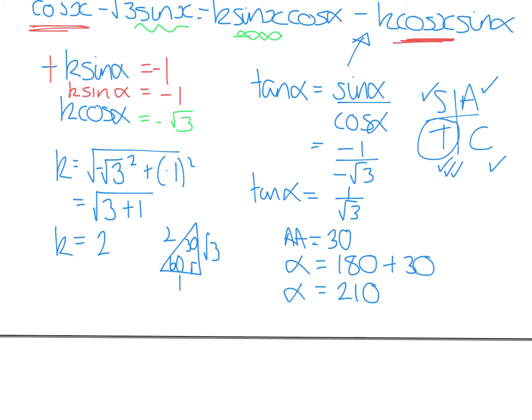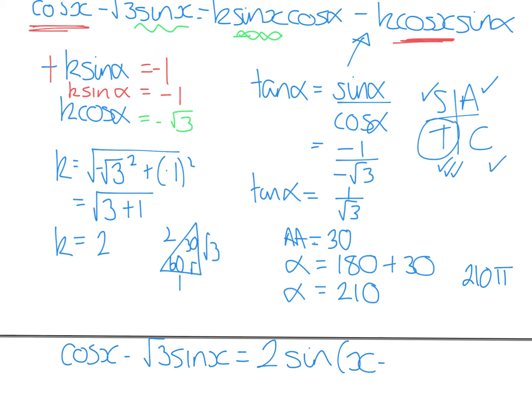So then to rewrite the question out, we have cos x minus root 3 sine x equals, k is 2, and we were doing the sine expansion with a minus, so it's x minus, oh wait a minute, I've forgotten, 210, it was a radians question. So 210, how do you turn radians in? Right, the simplest way is to add a pi on the top and a 180 on the bottom.